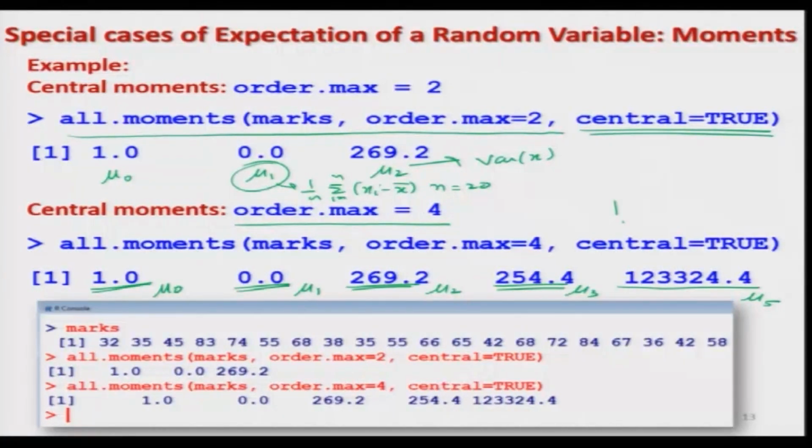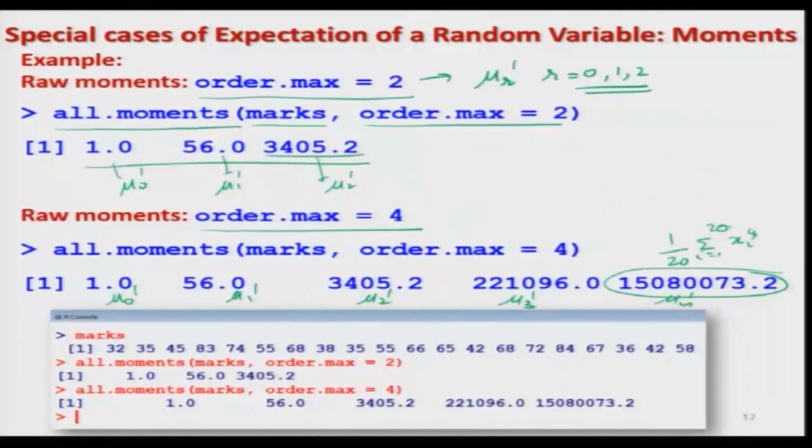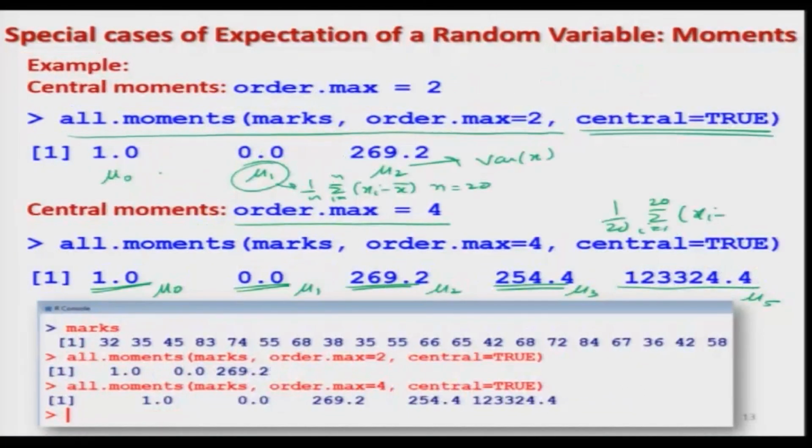In this case, this mu 4 is going to be 1 upon 20, summation i goes from 1 to 20, x i minus the value of the mean. What is the value of the mean? You can see here, this is 56.0, right. So, this is x i minus 56 to the power of 4.